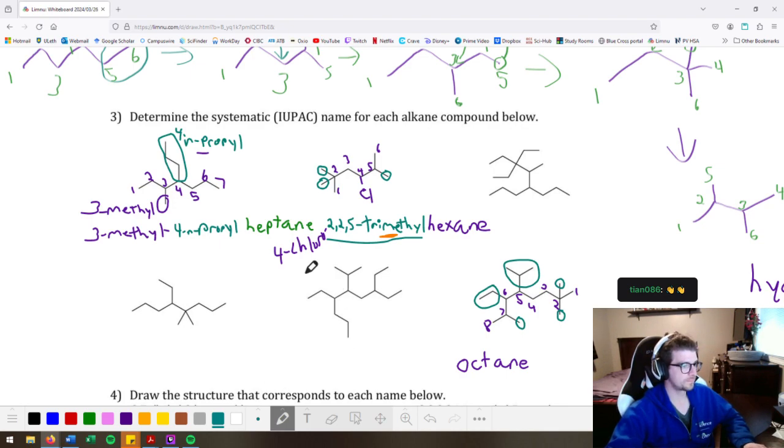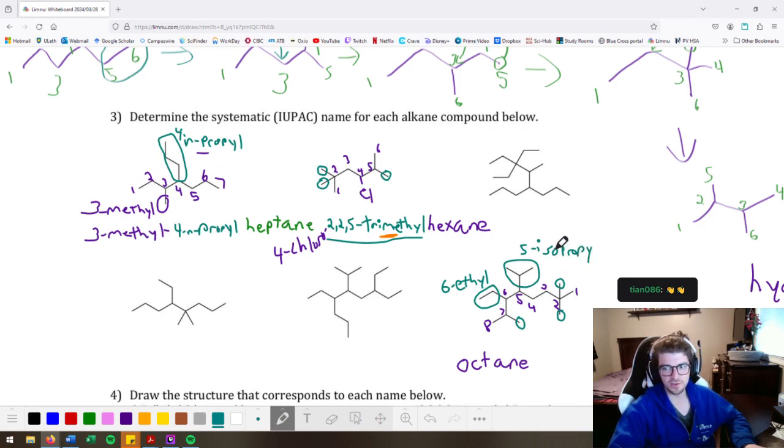So let's think about alphabetization. Let's just draw all our puzzle pieces up here. We're going to have 6-ethyl. We're going to have 5-isopropyl.